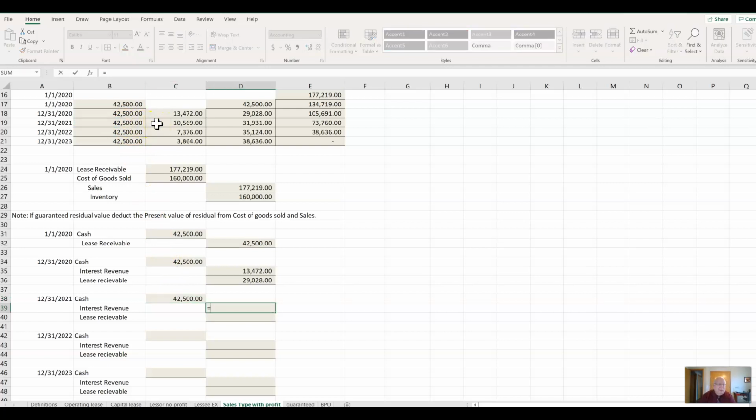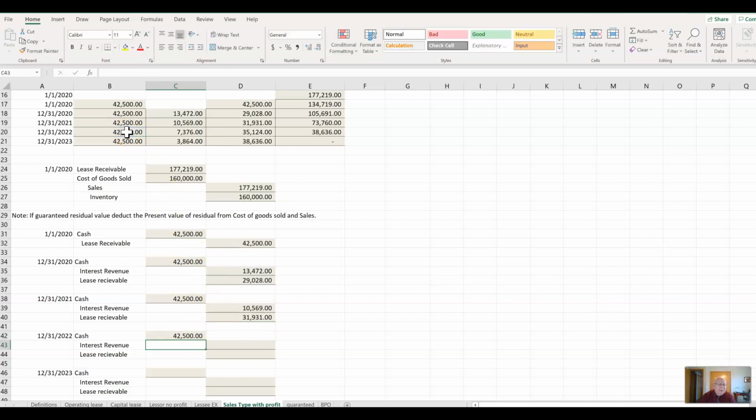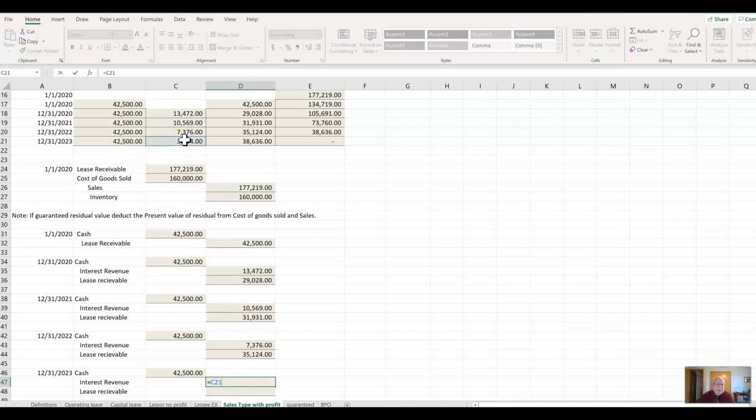The interest is $10,569 and $31,931. And on the 22nd, we have the 42.5, 73.76, and 35,124. And on 2023, 42,500. Interest revenue is 38.64, and lease receivable 38,636.